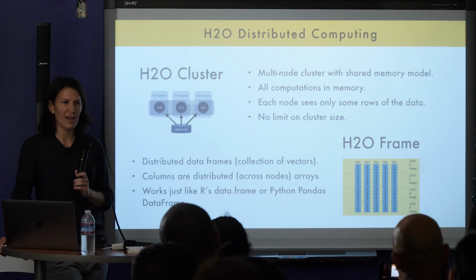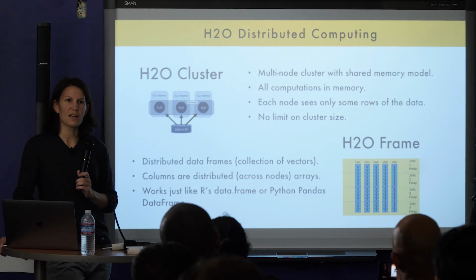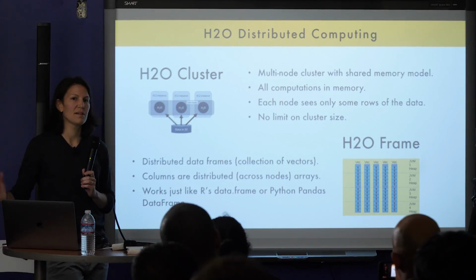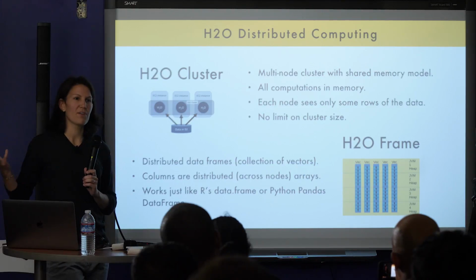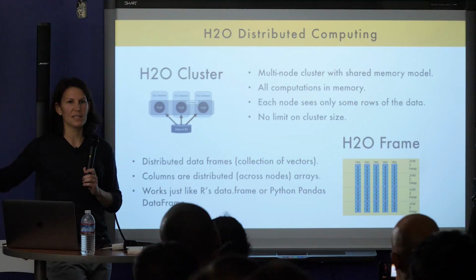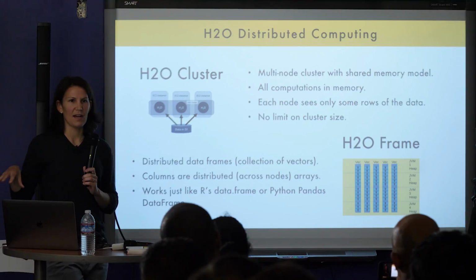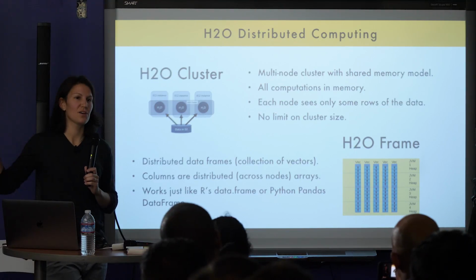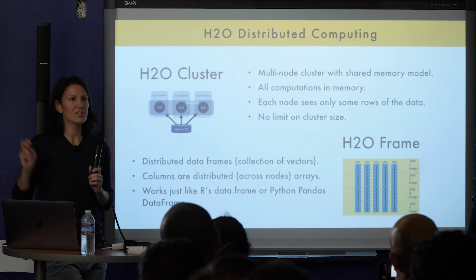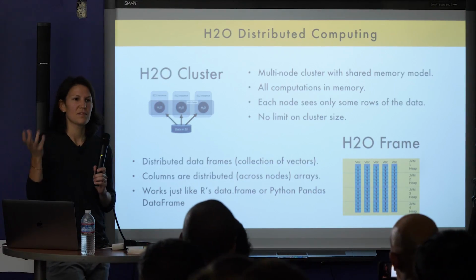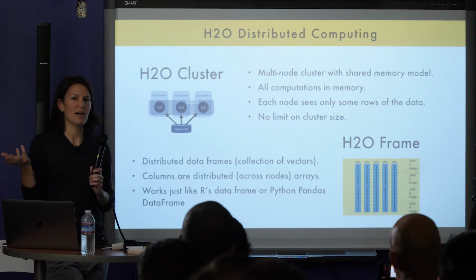One is what's called the H2O cluster, and all that means is a shared Java memory process, either on your laptop or across a physical cluster. So the H2O cluster just means some memory where H2O is running.